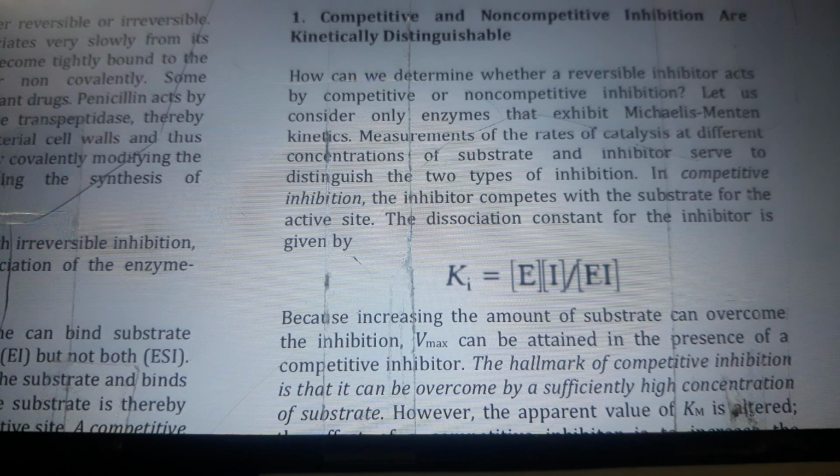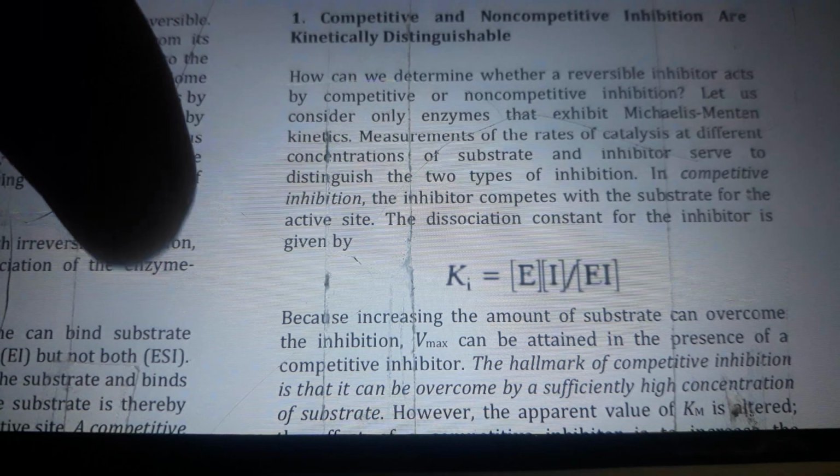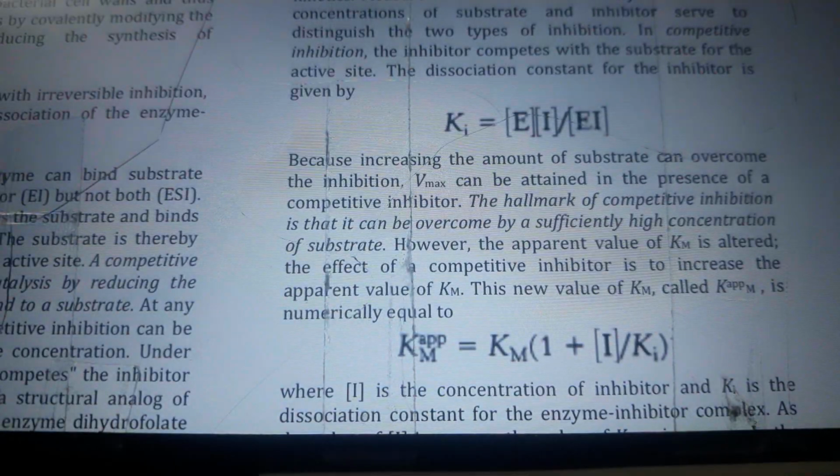In competitive inhibition, the inhibitor competes with the substrate for the active site. The dissociation constant for the inhibitor is given by Ki = [E][I]/[EI]. Because increasing amounts of substrate can overcome inhibition, Vmax can be attained in the presence of a competitive inhibitor. The hallmark of competitive inhibition is that it can be overcome by a sufficiently high concentration of substrate.